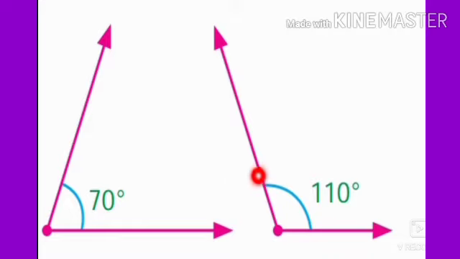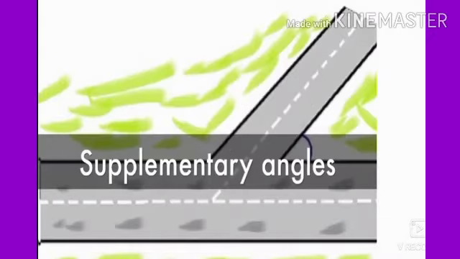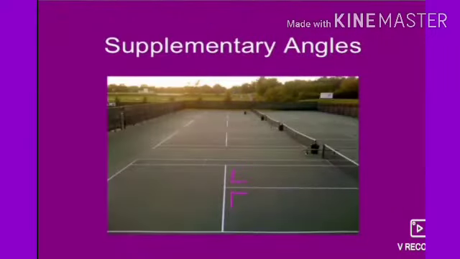So we can say that these two angles 70 degree and 110 degree are called supplementary angles. So this is an example of supplementary angles. Supplementary angles in real life. 90 degree plus 90 degree, which is equal to 180 degrees.